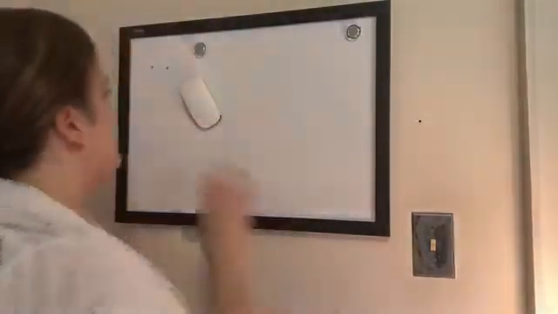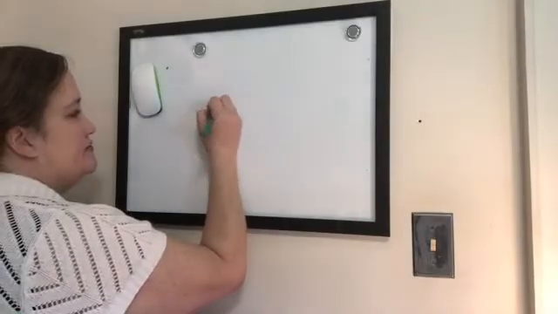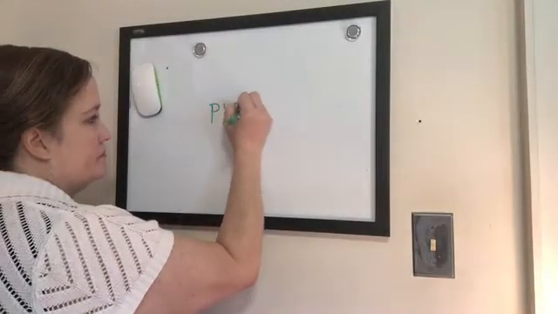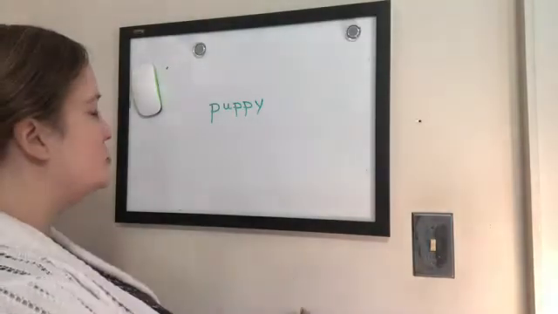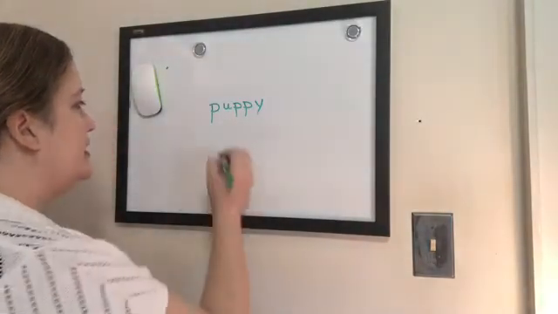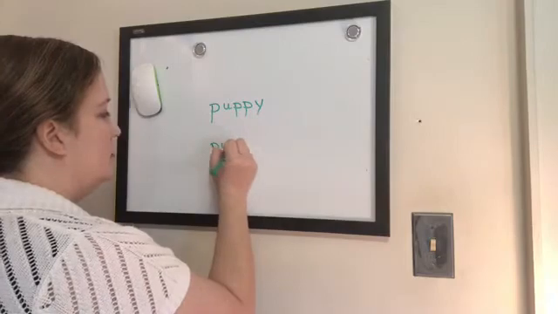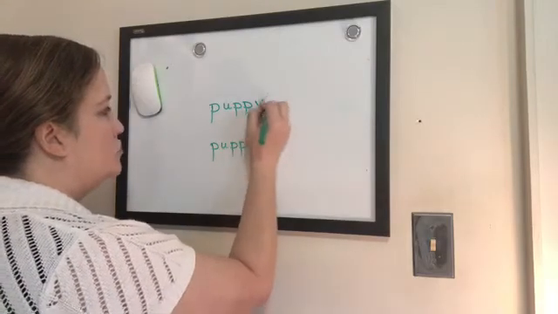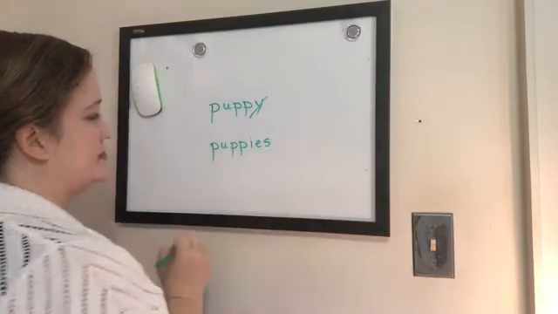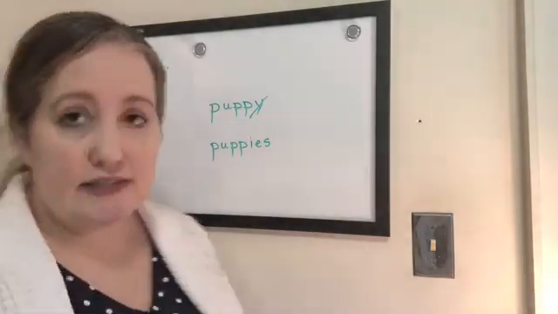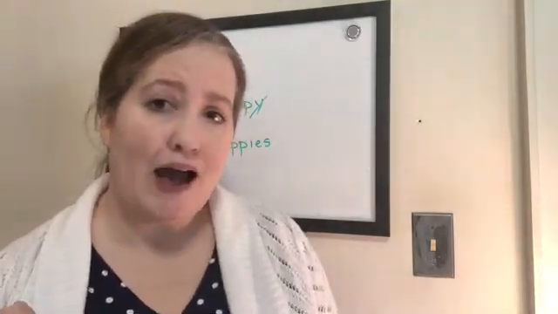If a word ends in y, let's put puppies. We'll put puppy. If we want to make puppy plural, more than one puppy, we will drop the y and add ies. So if it ends in y, you drop the y and add ies.